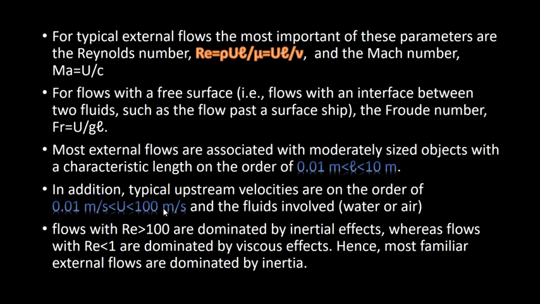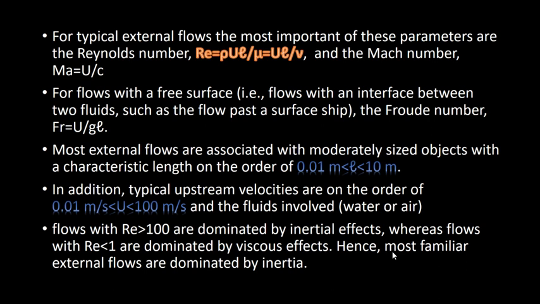Typically, flow with a Reynolds number larger than 100 is dominated by inertial effects, which means the incoming velocity U, whereas flow with a Reynolds number less than 1 is dominated by viscous effects. Hence, most familiar external flows are dominated by inertia. So from the Reynolds number, we can characterize the effect of viscous and inertial forces.